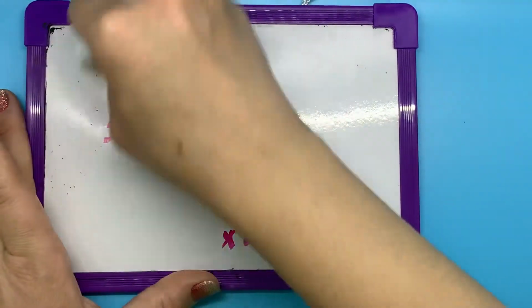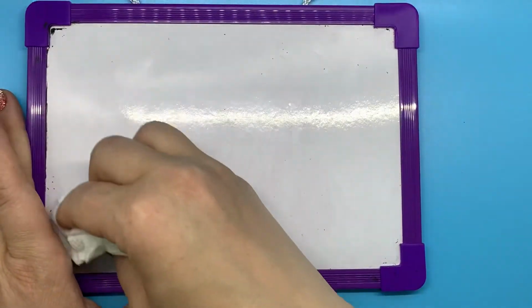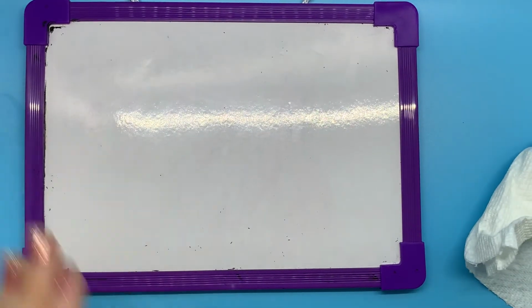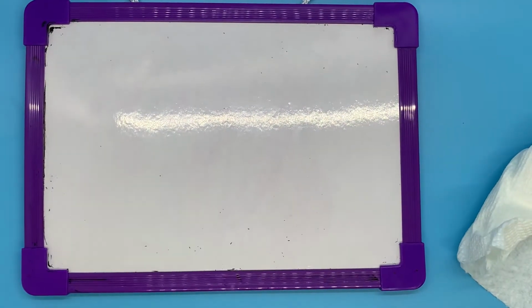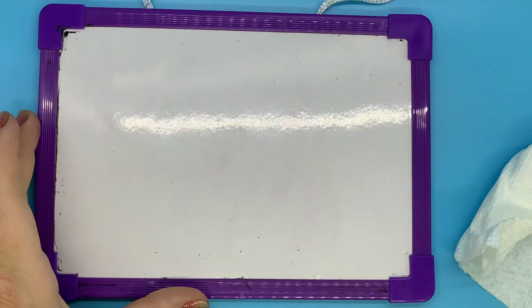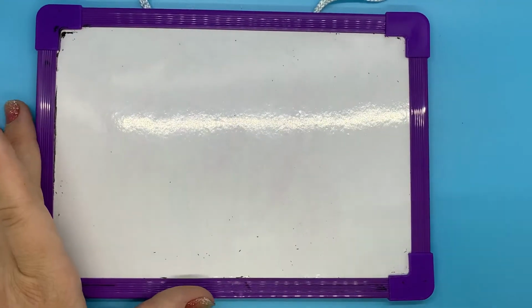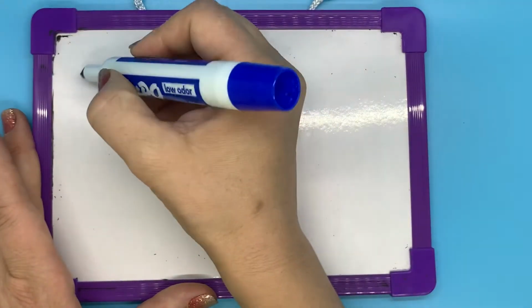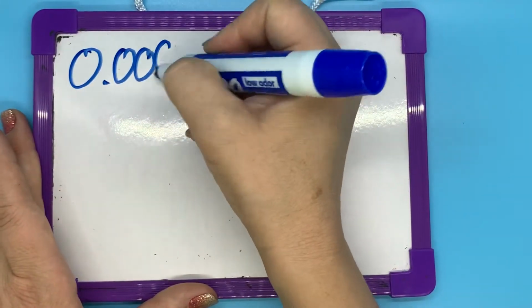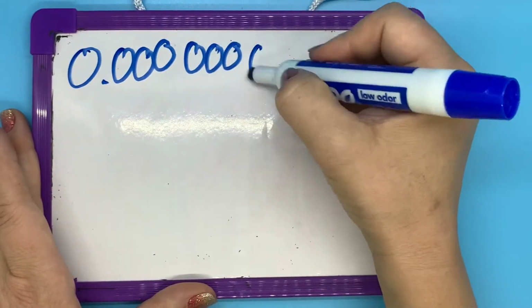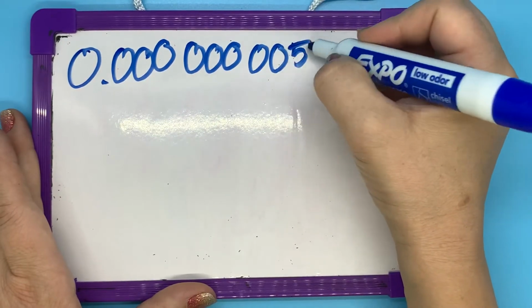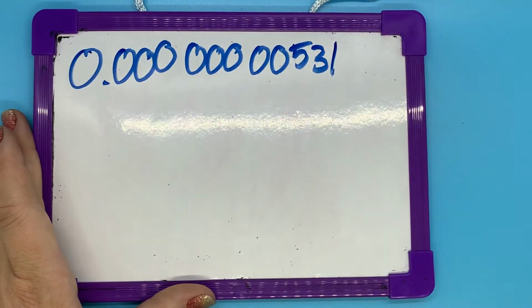So if we want to go the other way, say we have a really small number now. Same thing first.